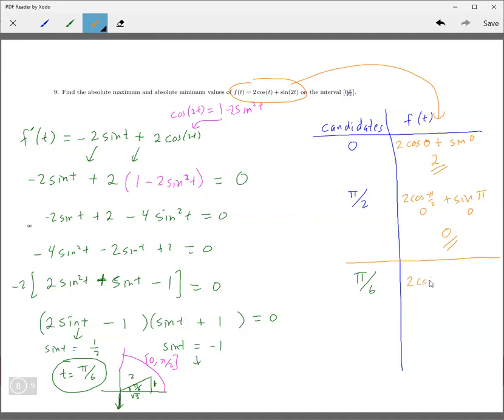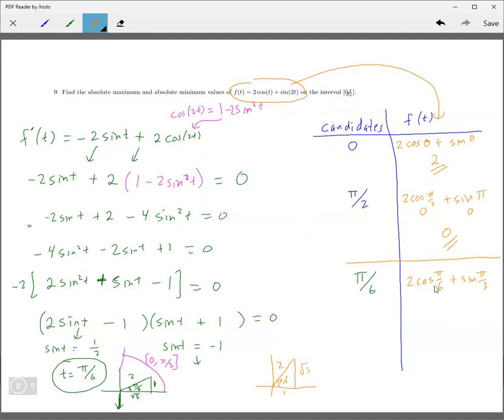And then this last one, we have 2 cosine of pi over 6. Putting pi over 6 in here is going to give us pi over 3 plus sine of pi over 3. So let me draw a pi over 3 angle. If that's pi over 3, then the ratios can be 1, 2, root 3.